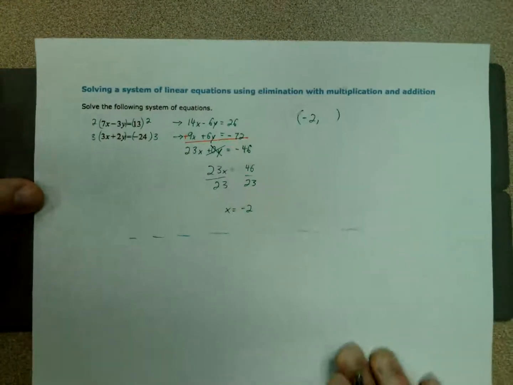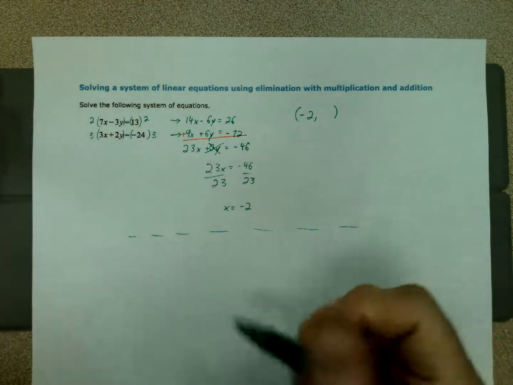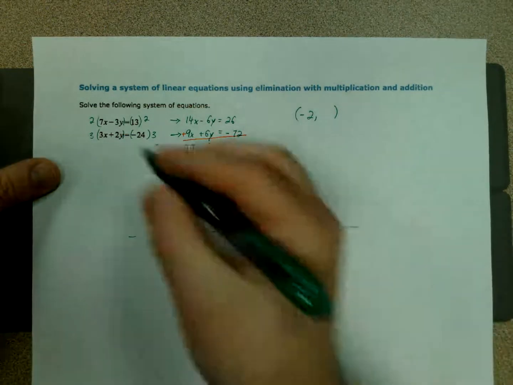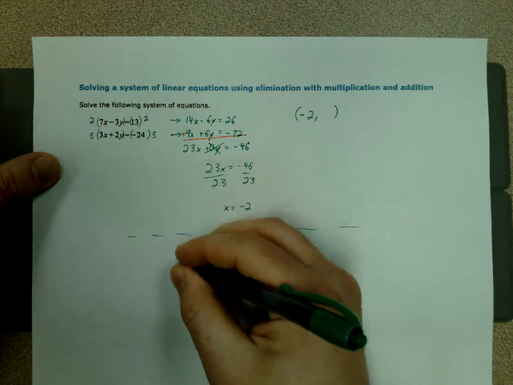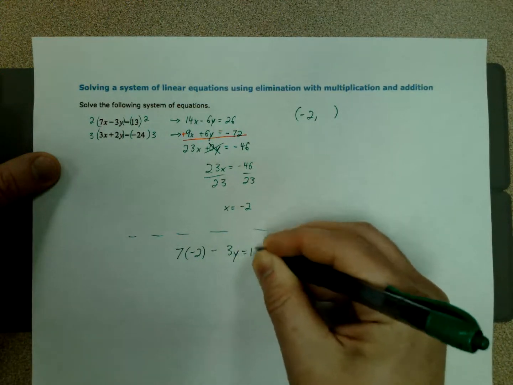All right. And then we're going to plug that back in to both of our equations. Technically, you need one. I recommend both because if you plug the negative 2 into both and you get the same y out, that's how you can double check to make sure you did it correctly. So on this top one, we have 7 times negative 2 minus 3y equals 13.